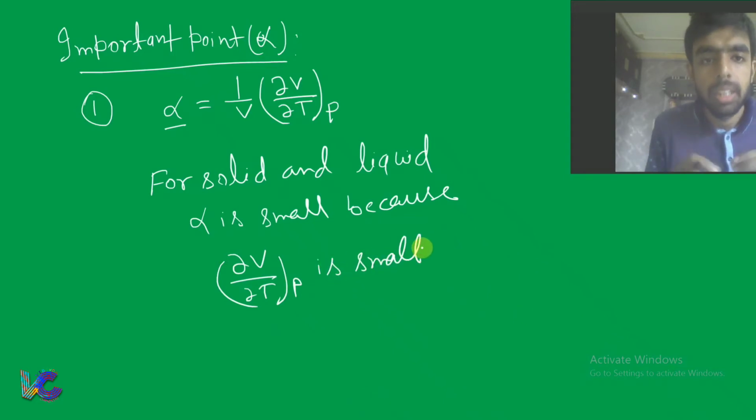But this value del V del T at constant P for gas is considerable. That means the alpha value for gas is considerable, but for solid and liquid, the alpha value is very small, because del V del T at constant P is very small.